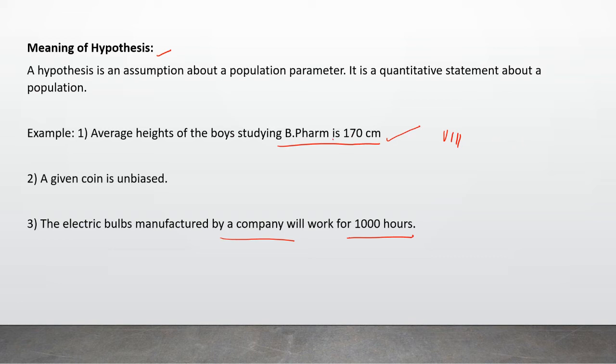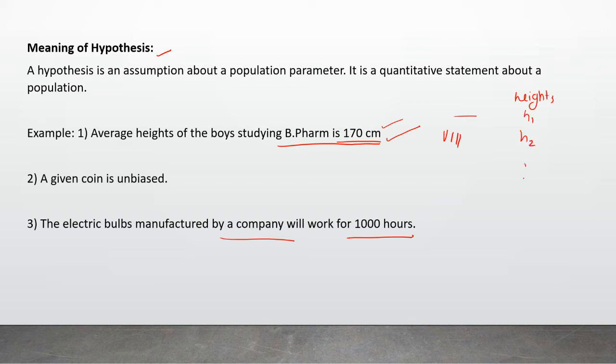What is the procedure to test this hypothesis, that is, whether the statement that their average height is 170 centimeter is really true or false? My procedure will be: I will call out all the 30 boys in the class, measure their heights, and I will have the data of their heights.